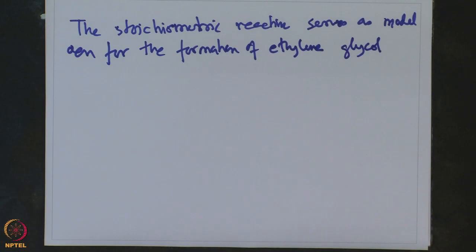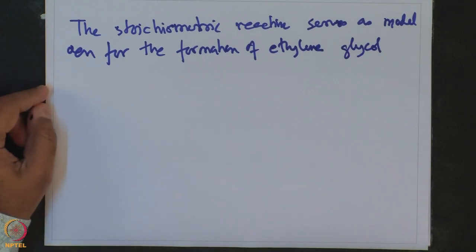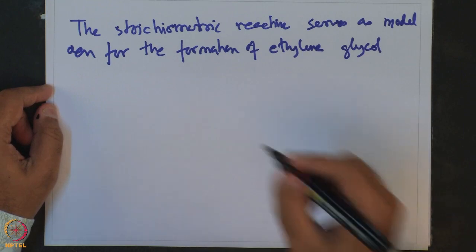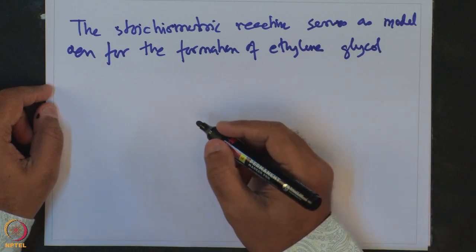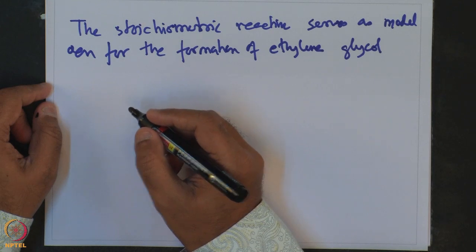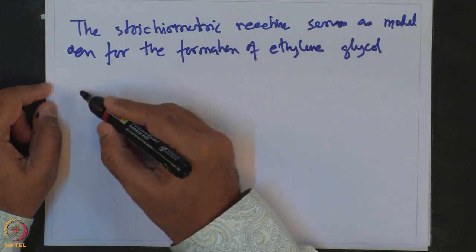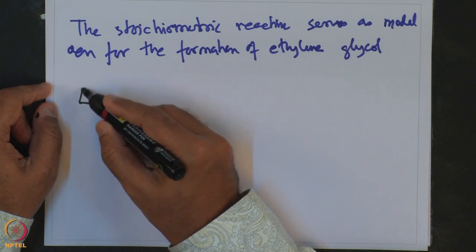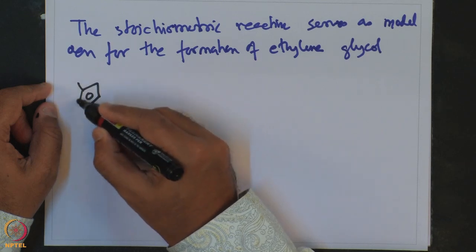So, this is another interesting model example for homogeneous catalysis, which serves as a model for the formation of ethylene glycol. So, this again is a Cp* dihydride complex of zirconium.